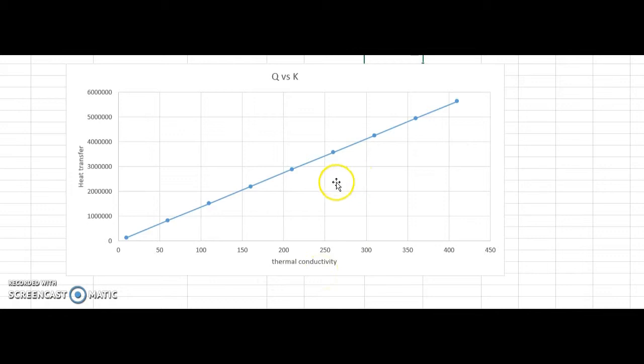From this graph, we know that thermal conductivity is directly proportional to heat transfer. When we increase the value for thermal conductivity, the value of heat transfer also increases. So again, thermal conductivity is directly proportional to heat transfer.